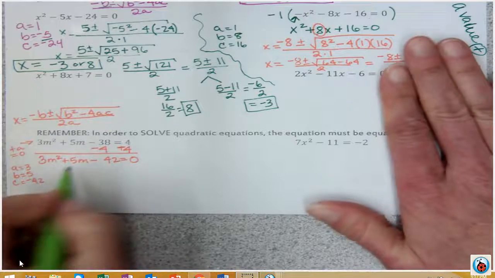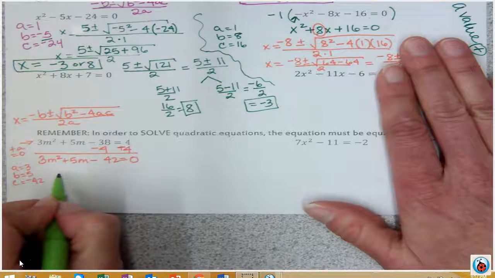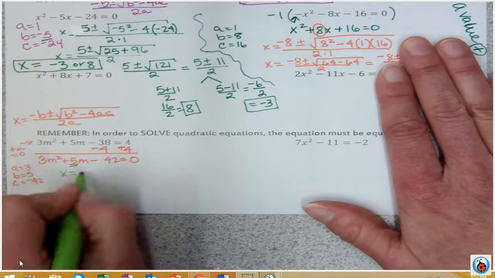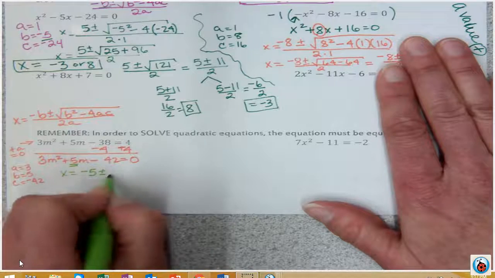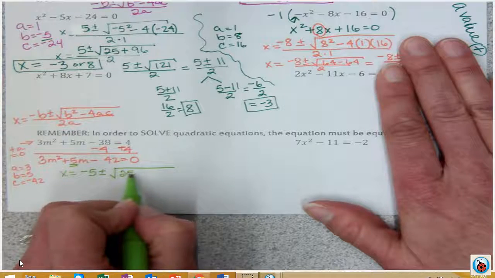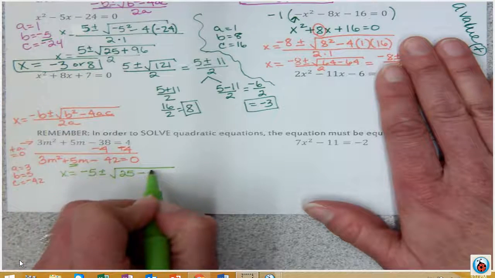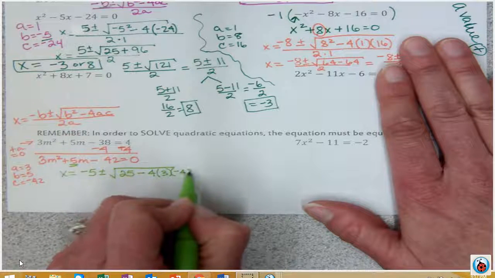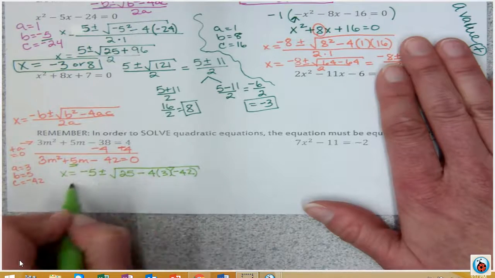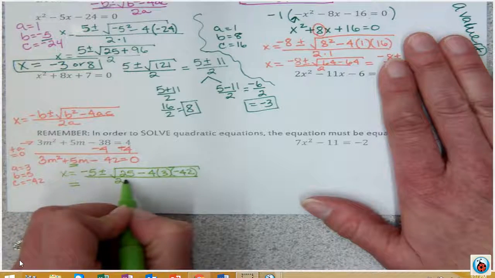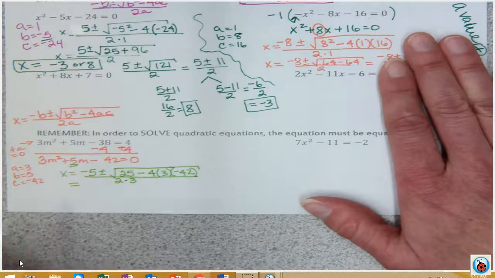So I'm going to plug in x equals negative 5 plus or minus the square root of 5 squared is 25 minus 4 times 3 times negative 42. If I plug that into my, all over, now it's not over 2, it's over 2 times 3, because I have an a value here that's not 1.